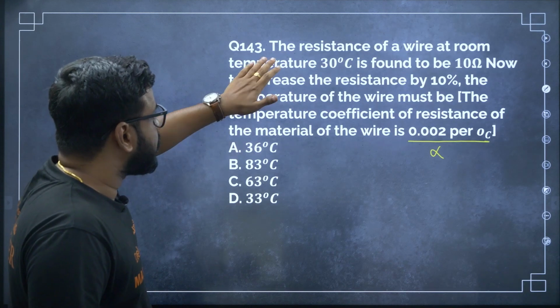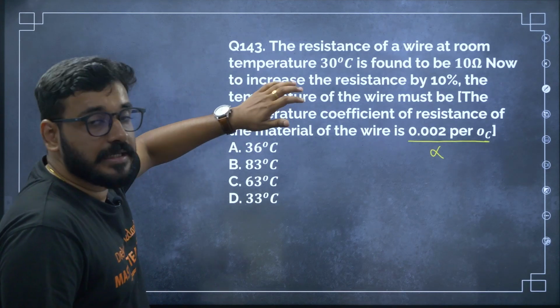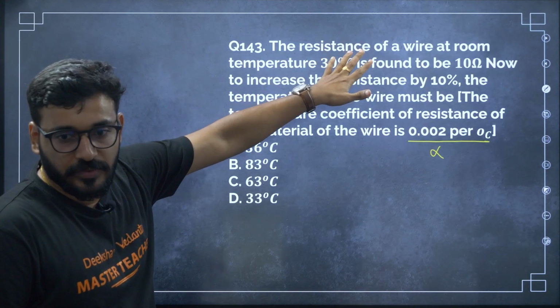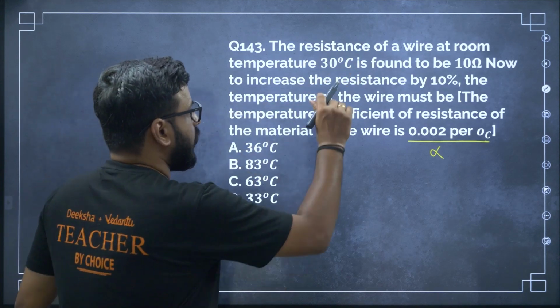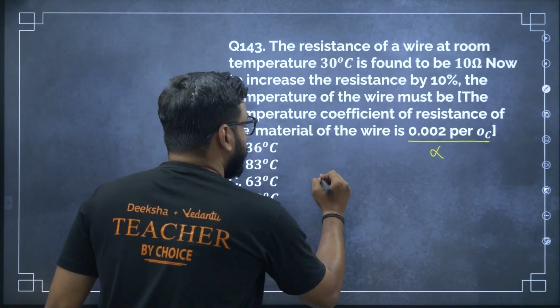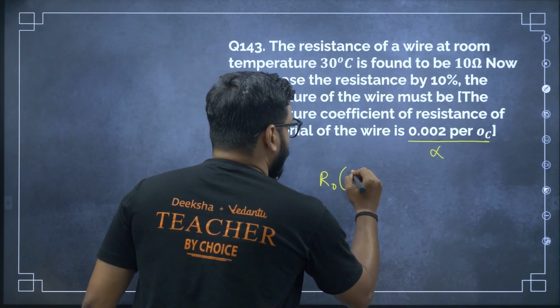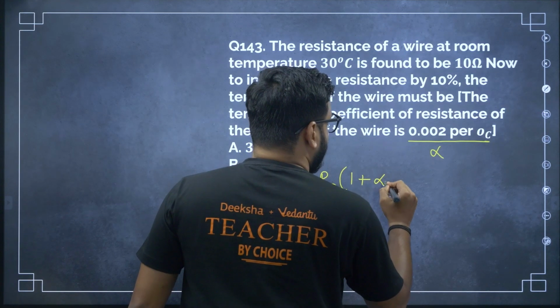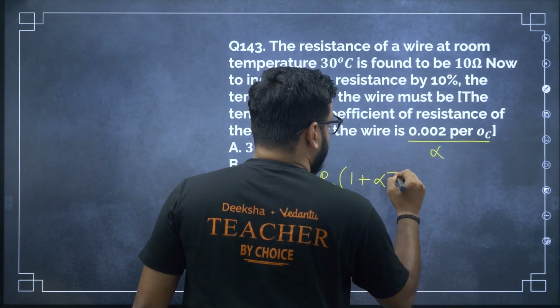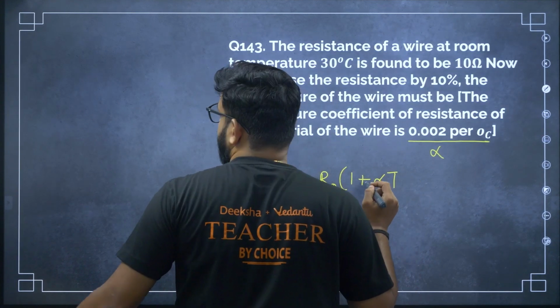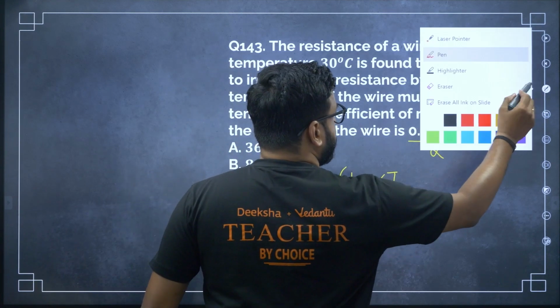First you have the temperature and resistance equation. The first equation you can write as, for 10 ohms, R naught into 1 plus alpha into that particular temperature, 30.